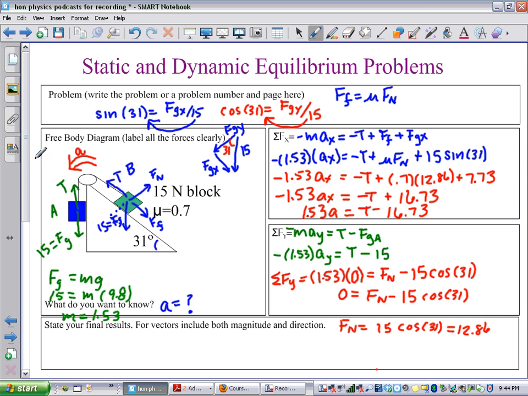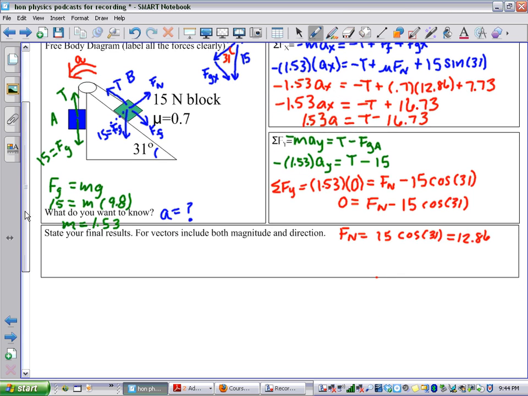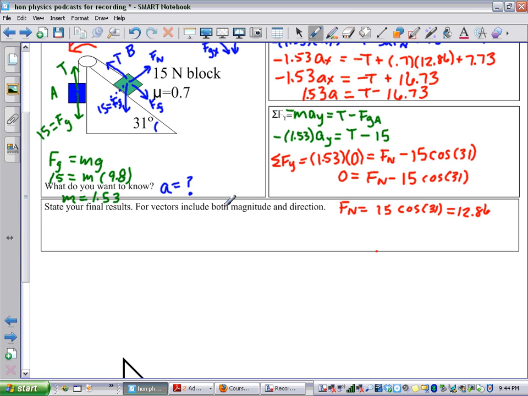Now, let me combine them down here because I need a little bit more space. So I'm just rewriting the top equation here, and then I'm going to combine it with this equation right here.